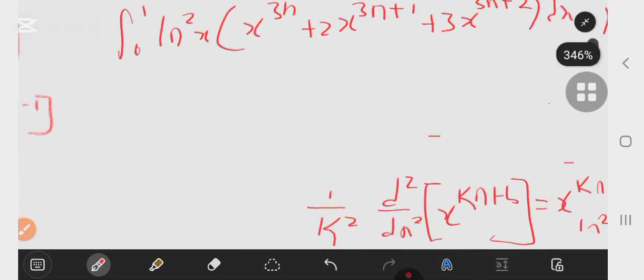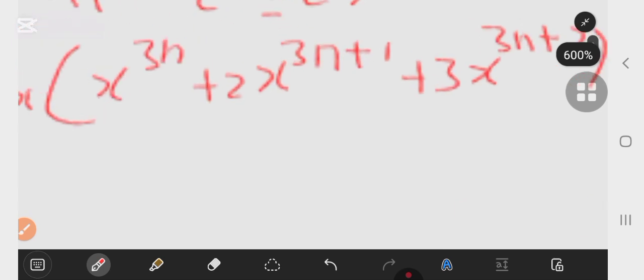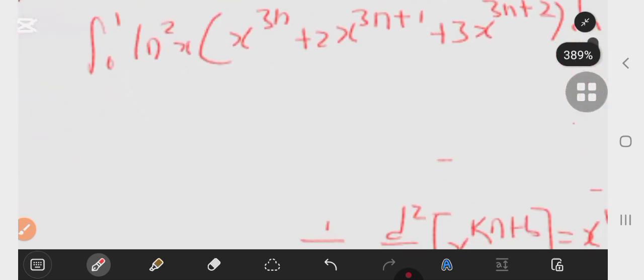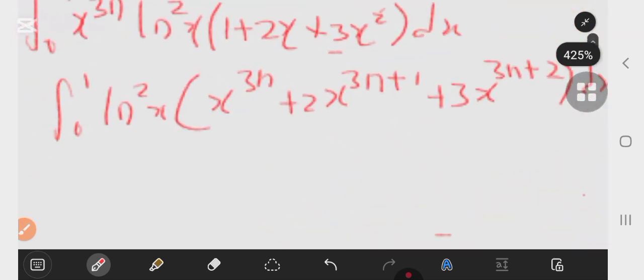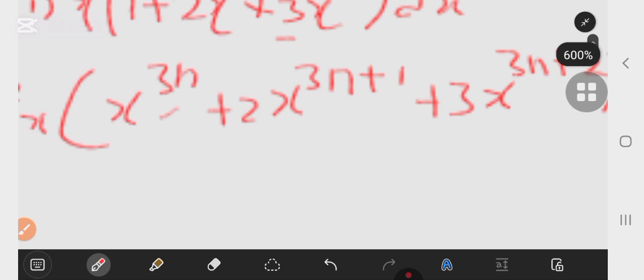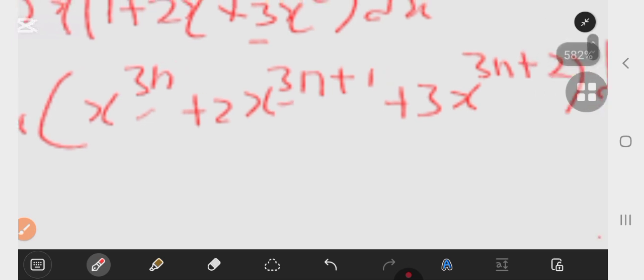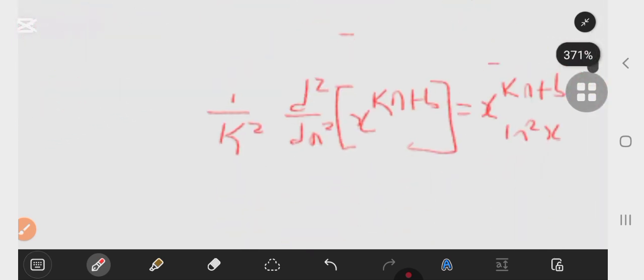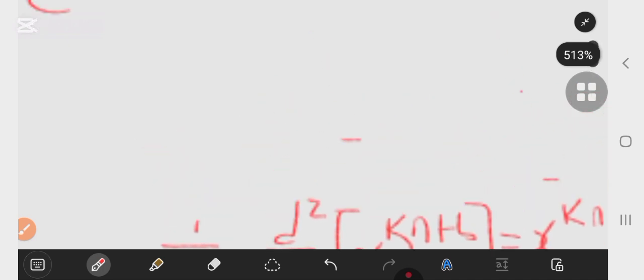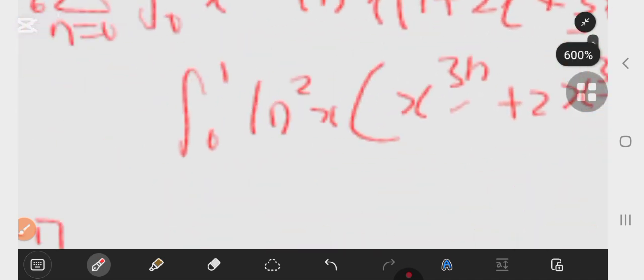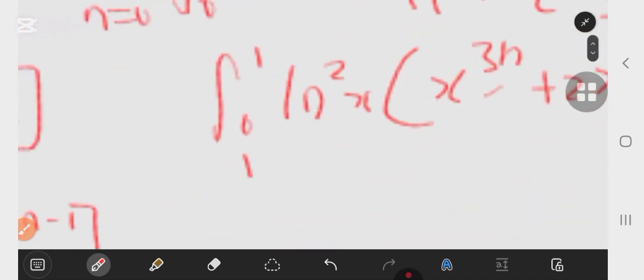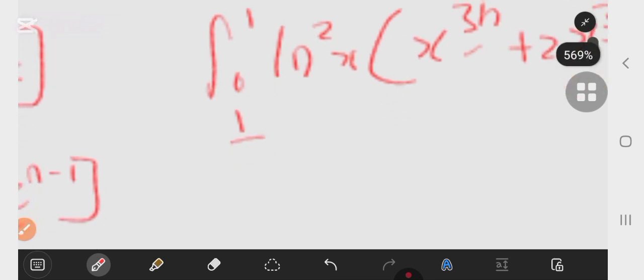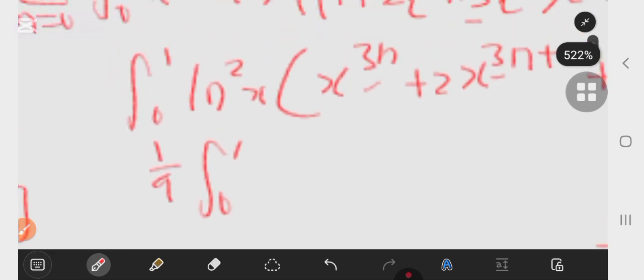If you notice, in this case k is 3, x raised to the power 3n. All this while I've been using x raised to the power kn. So here k is 3, so I'll just write that this is the same as 1 over 3 squared, 9, all into the integral from 0 to 1 of x to the power of 3n.